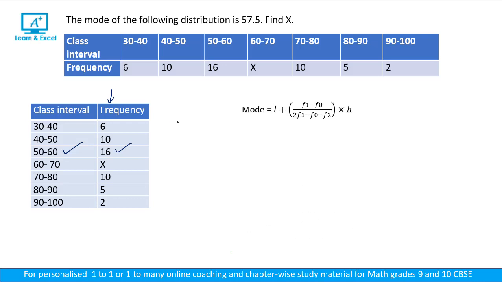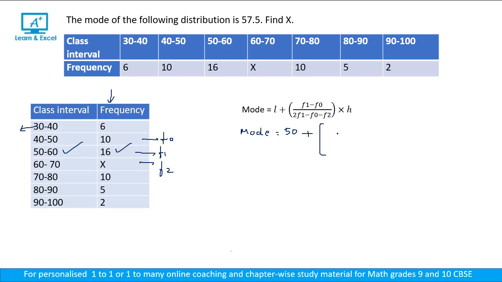Now let us write the formula. So mode equal to 50 plus. Now this is F1, this is F0 and this is F2 and H will be 40 minus 30, so it will be 10.